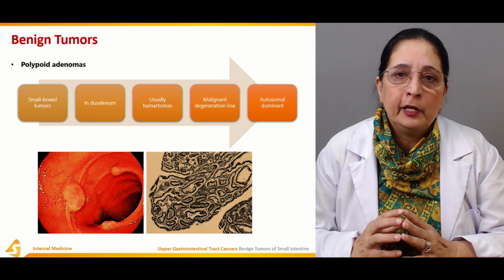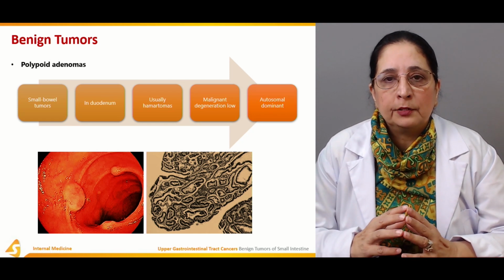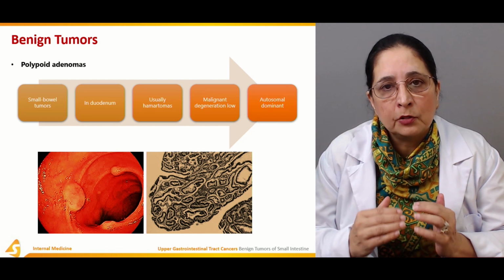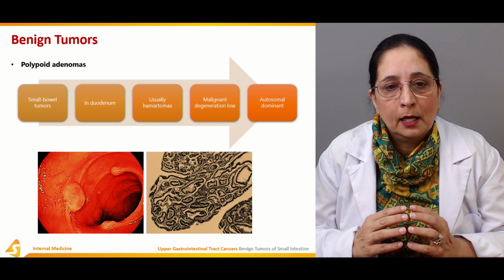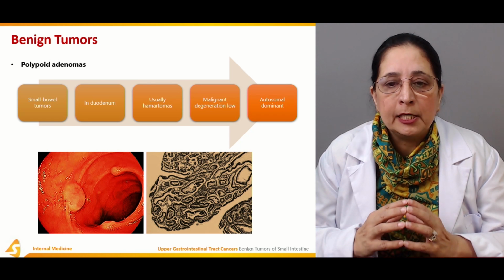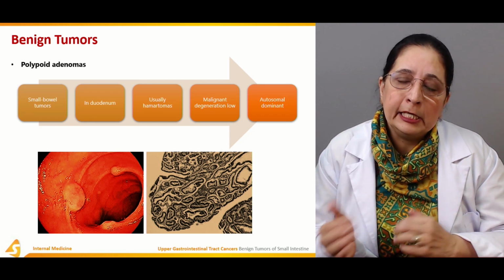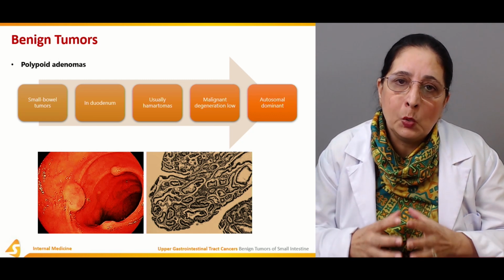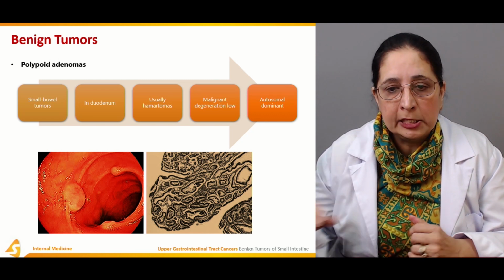So polypoid adenomas have a genetic predisposition. They are autosomal dominant benign tumors, and the change to malignant tumor is low in polypoid adenomas.